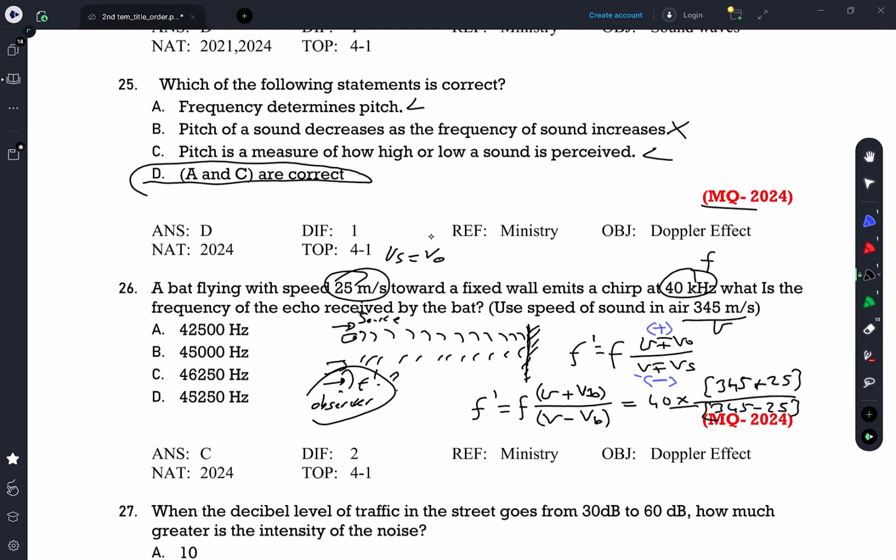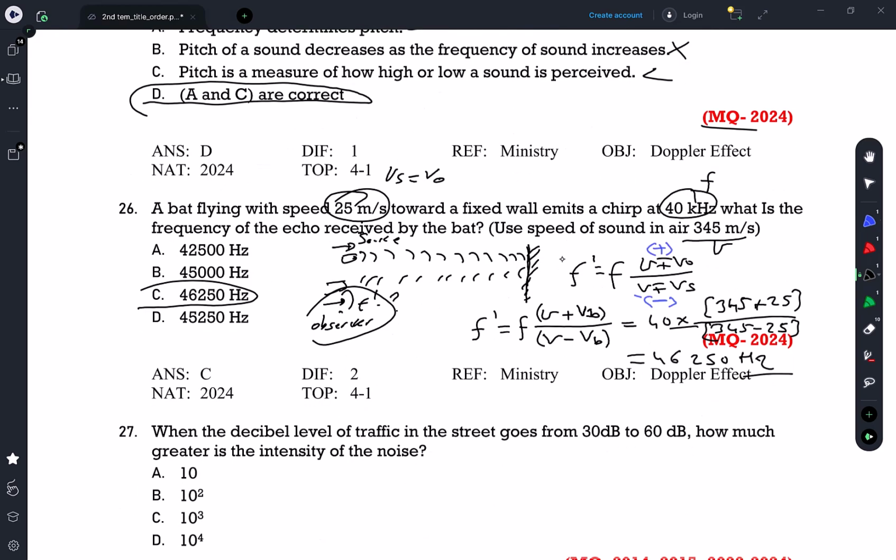So let's use it. 40 is the given frequency in kilohertz, so this is 40,000 hertz, times (345 plus 25) divided by (345 minus 25). The answer is 46,250 hertz. So C is the correct answer.